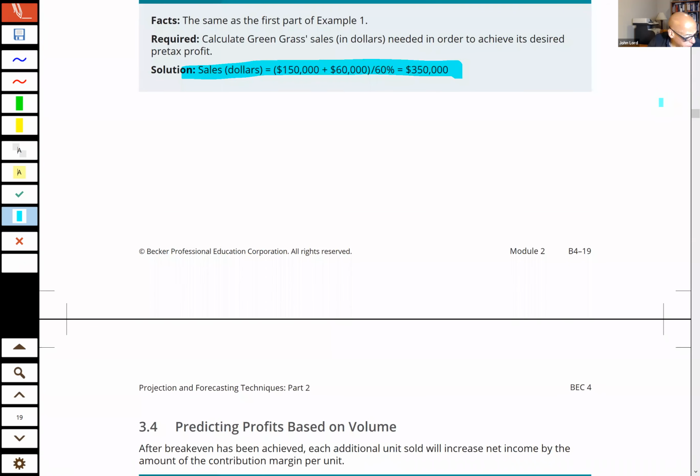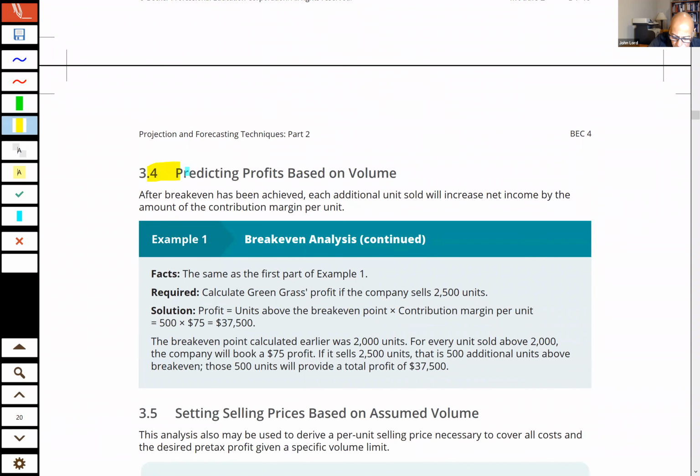Now, predicting profits based on volume. Look, all they're doing here is saying, calculate Green's profit if the company sells 2,500 units. Well, what happens if 2,000 units were break even? Then you would take those additional 500 units times the $75, and that would give you the 37,500.